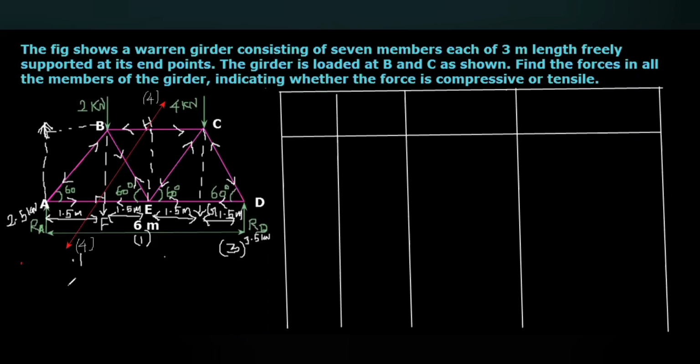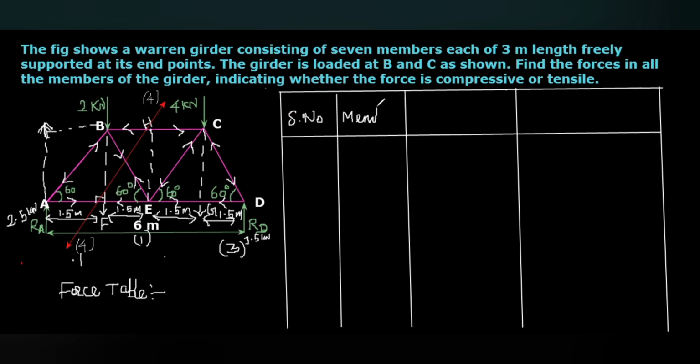Then the force table. Whatever values we calculated, we have to illustrate in a table: serial number, member, magnitude of force in terms of kilonewton, and then its nature, whether it's tension or compression.